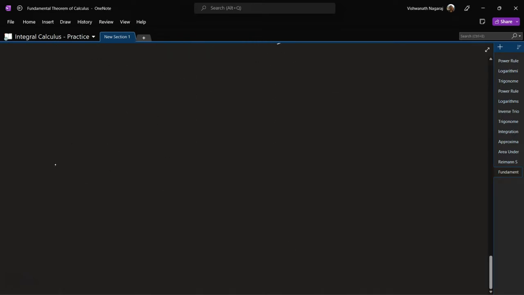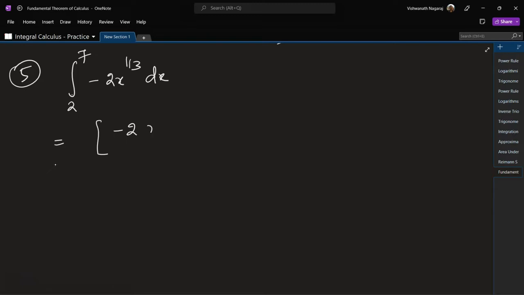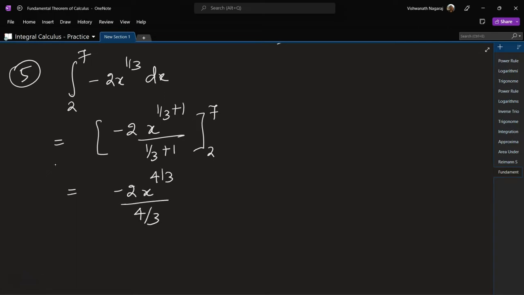Okay, fifth one, integral from 2 to 7 of minus 2x to the power of 1 by 3 dx. Let's integrate this. Minus 2x to the power of 1 by 3 plus 1 by 1 by 3 plus 1, 2 to 7, which gives us minus 2x to the power of 4 by 3 by 4 by 3.